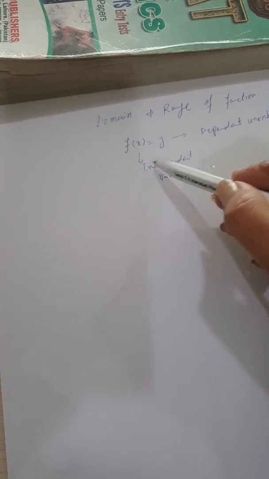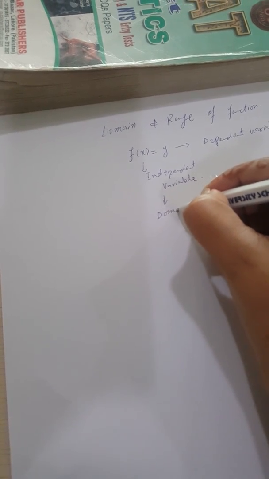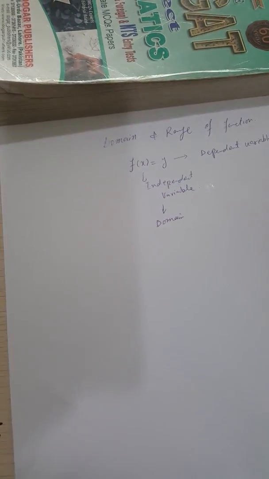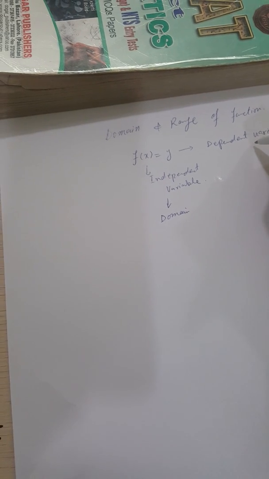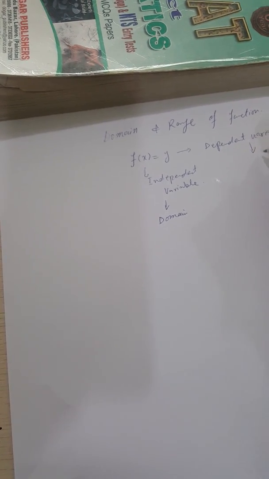The set of all possible values is called the domain, and the set of all possible dependent values is called the range.